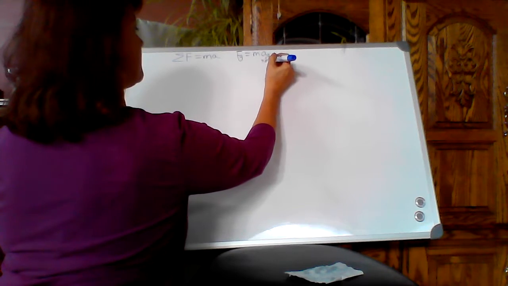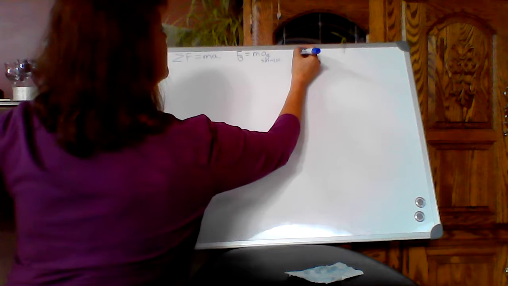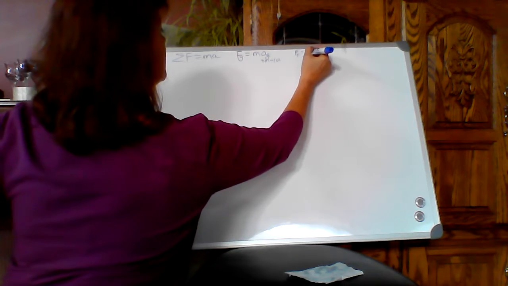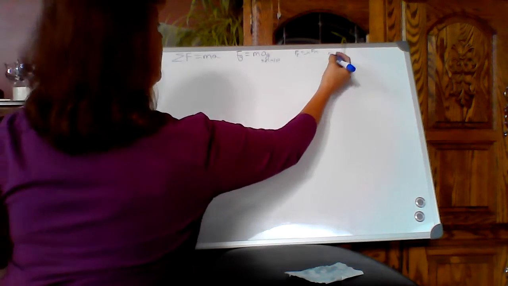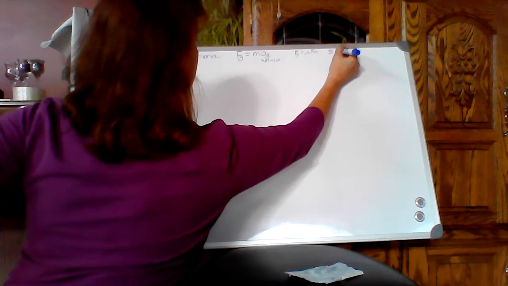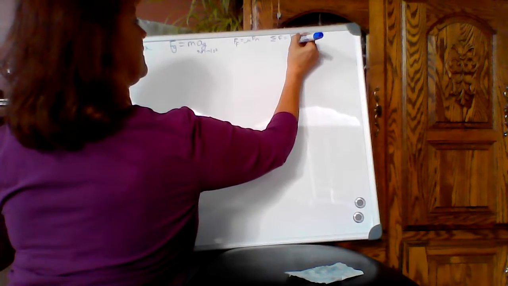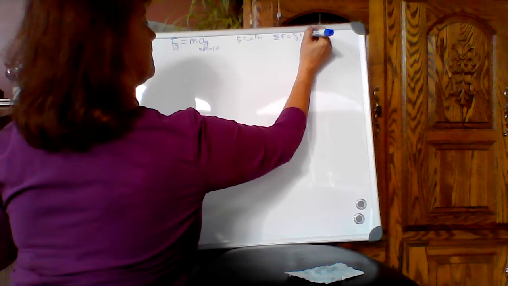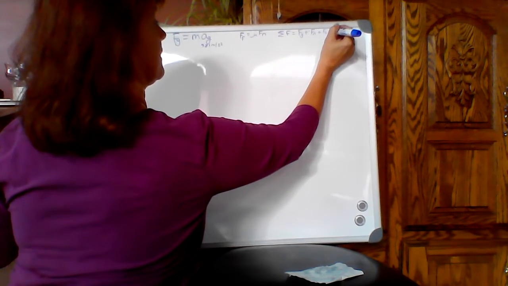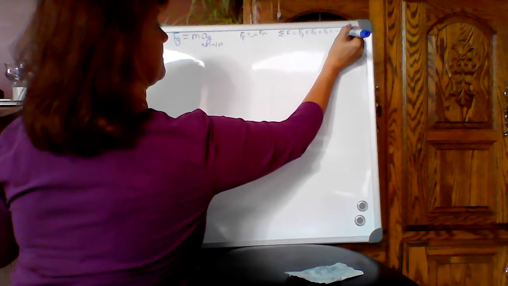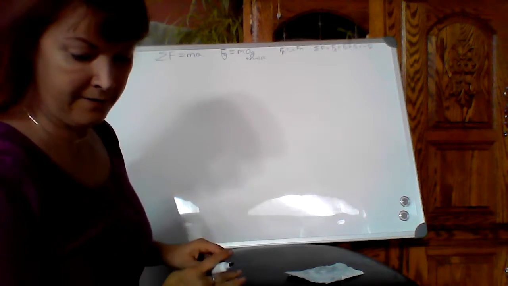We know the acceleration of gravity is 9.81 meters per second squared. And we know that the force of friction is equal to mu times the normal force. And we also know that the sum of the forces is the force of gravity plus the normal force plus the applied force, plus the frictional force. So those are the formulas that we use to solve things.